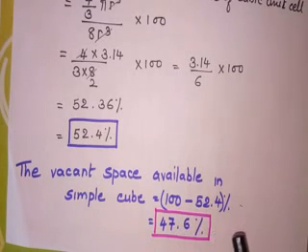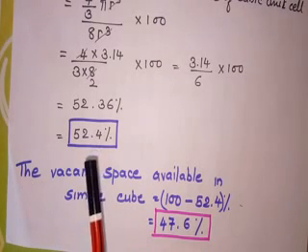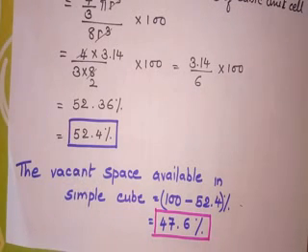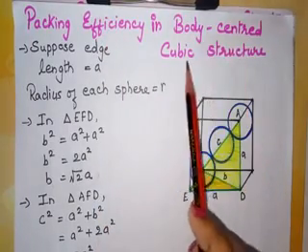And such questions are asked in MCQs. So for MCQs, you can have the amount of vacant space available in simple cube, then the value of packing efficiency, and you can remember for MCQs the relation between a and r in case of simple cube. Packing efficiency in body centered cubic structure.